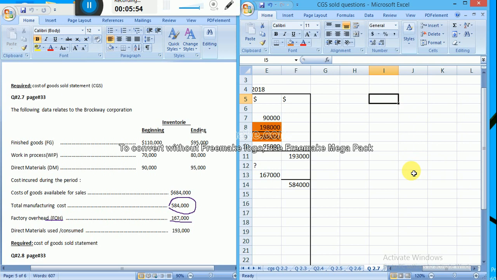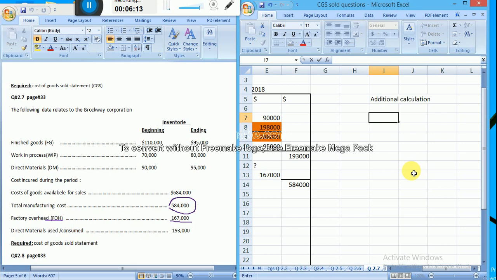Look at it. The formula is total manufacturing cost.